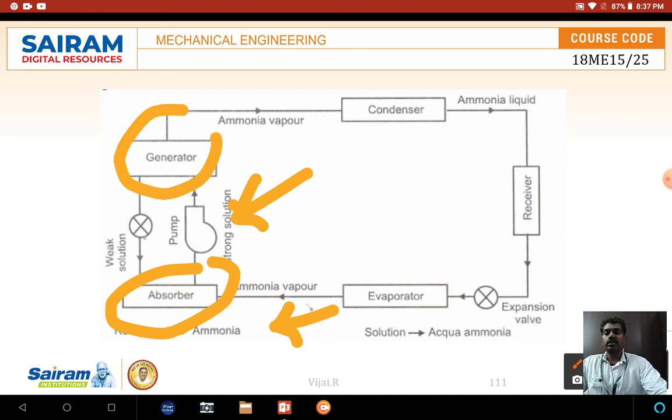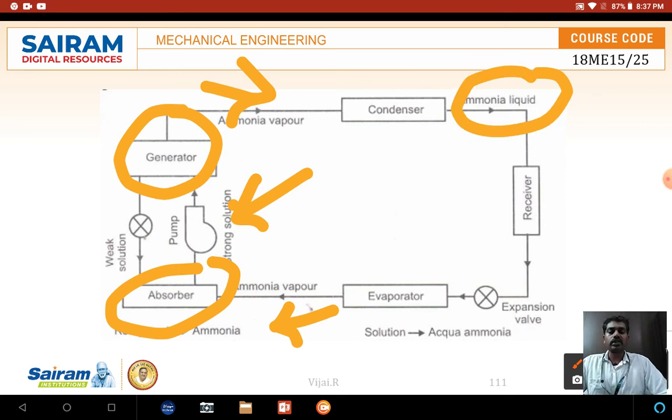In the generator, a heating coil will be used, and it heats the ammonia solution, and the ammonia vapor is segregated, and the ammonia vapor again passes to the condenser, and there again ammonia vapor becomes ammonia liquid. So after condensing, the ammonia liquid comes once again, and it passes through the expansion valve, and again enters into the evaporator.